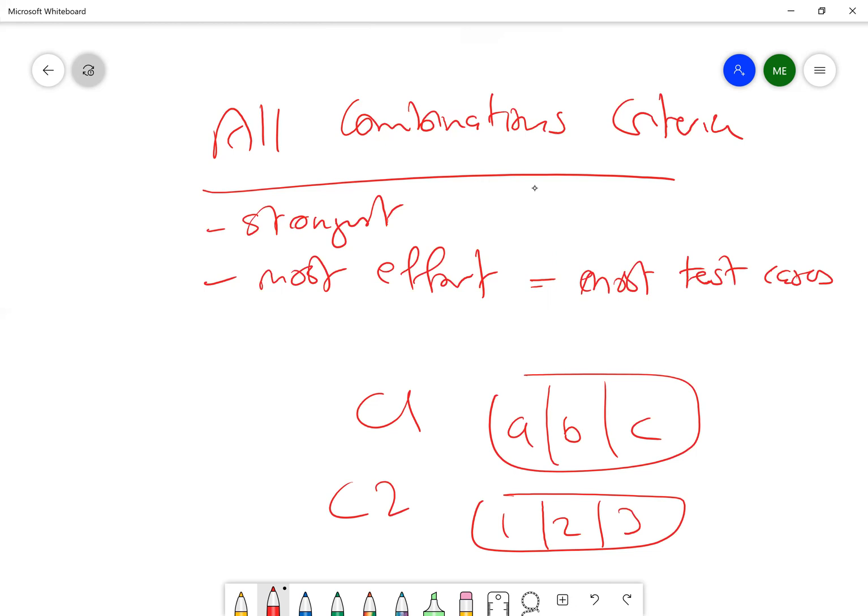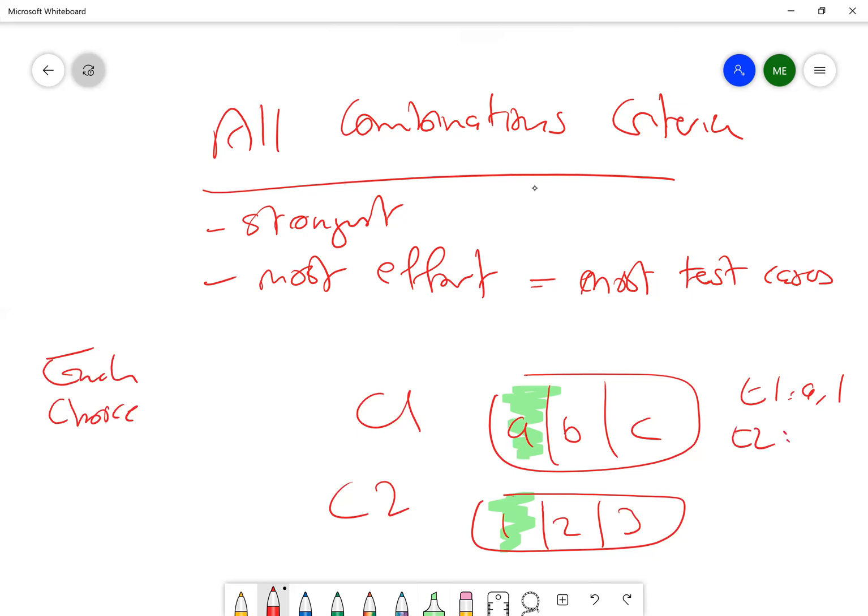I'm going to call this each choice. Meaning that every block I want to show once in my test. So I create test case 1, A with the 1. Now I don't need to have A and 1 show up again because I already picked them once.